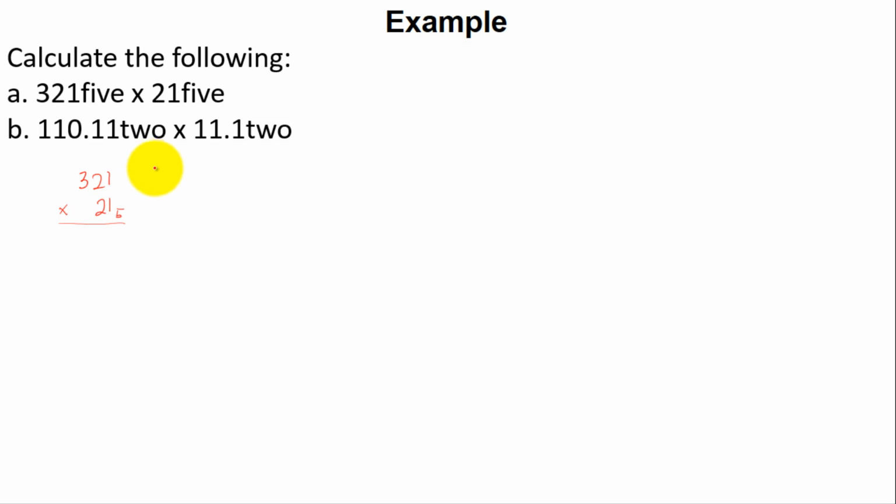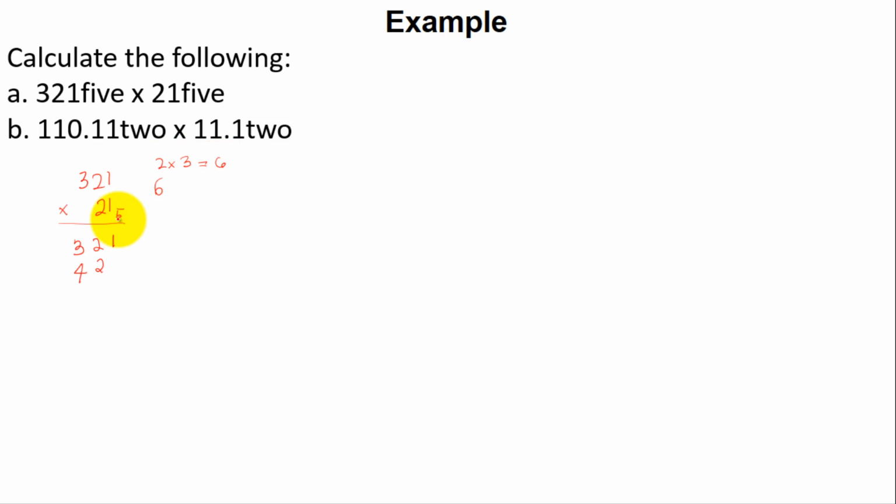Therefore, the first thing you do is 1 times 1 will give you 1. 1 times 2 will give you 2. 1 times 3 will give you 3. 2 times 1 will give you 2, because they are not up to the base. 2 times 2 will give you 4. Then 2 times 3 will give you 6.